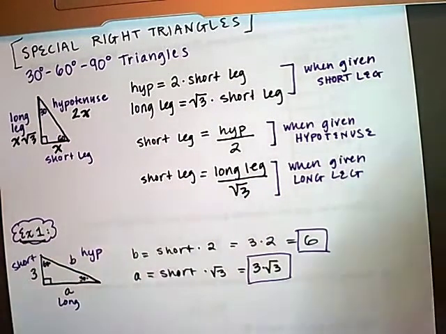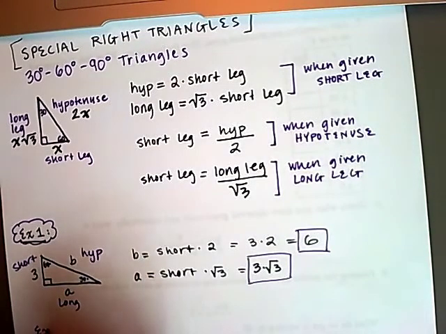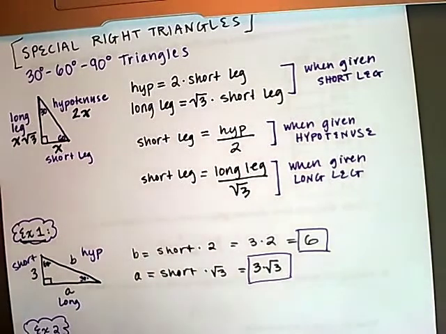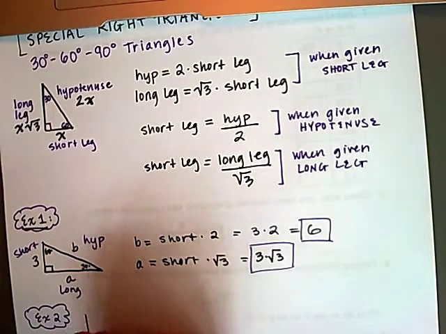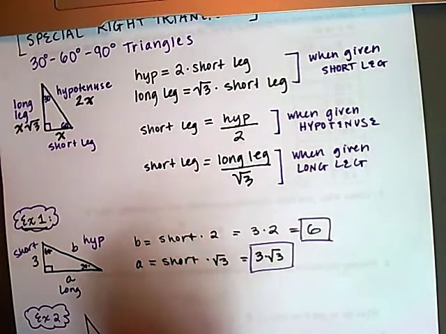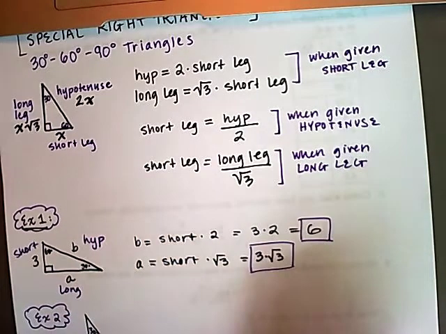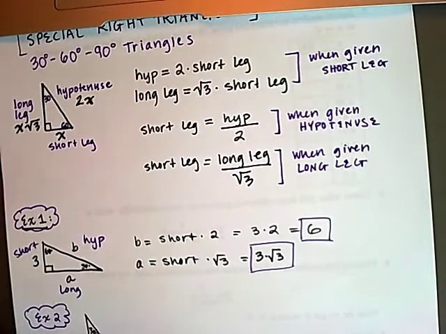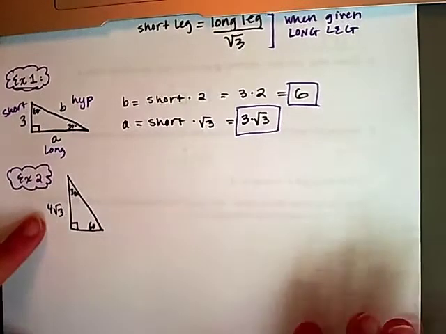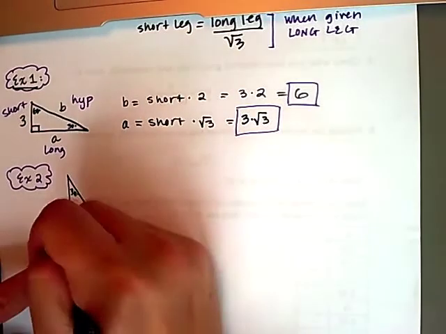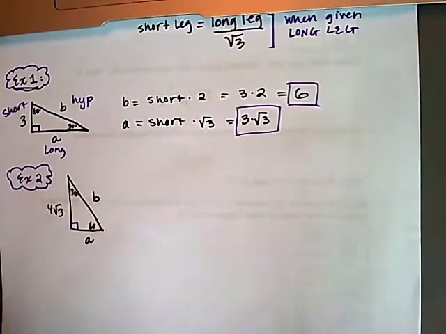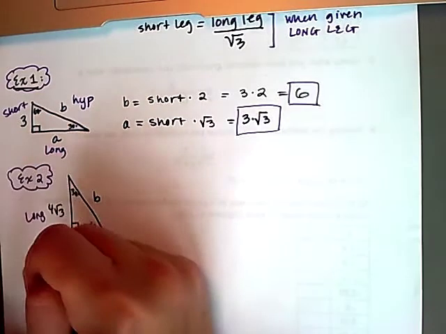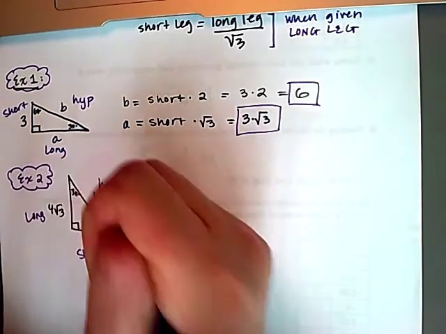So the next example, we're given the long leg. I'm given that my long leg is 4 root 3, and let's call the short leg A and the hypotenuse B. Again, it might be helpful for you to label them with what they are.